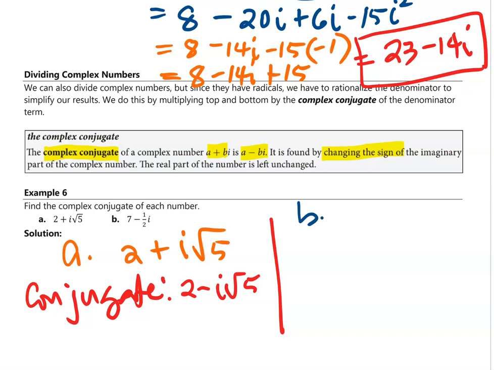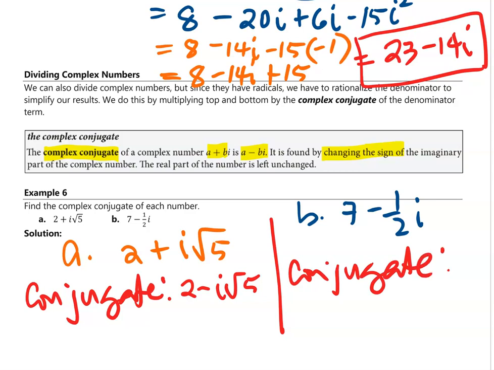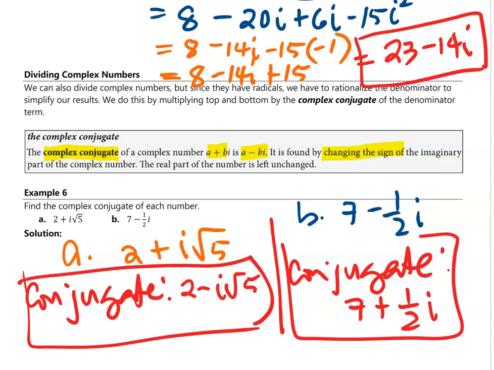Okay. Letter B, 7 minus 1 half i. Changing the sign of the imaginary part, then the conjugate is, yes, 7 plus 1 half i. That is correct. Easy, right?